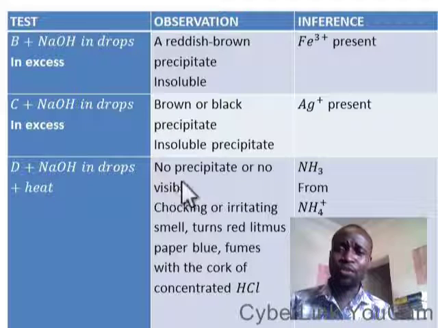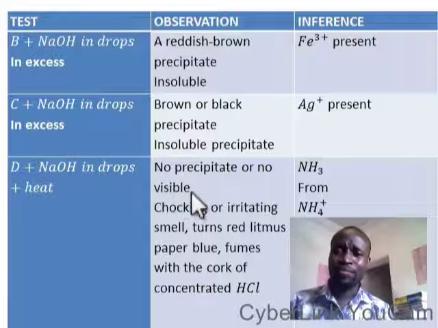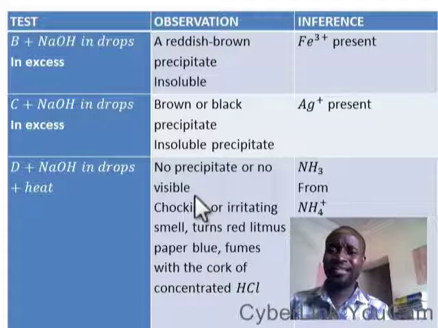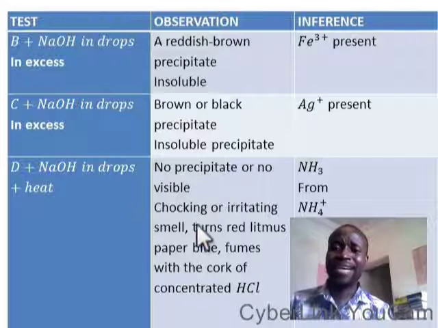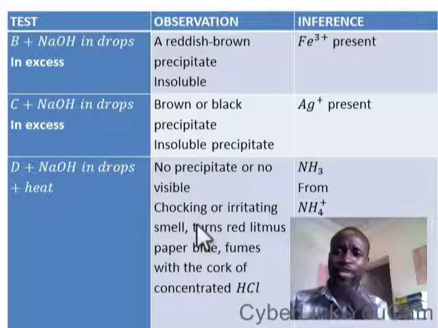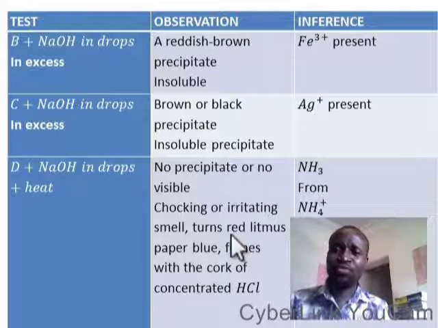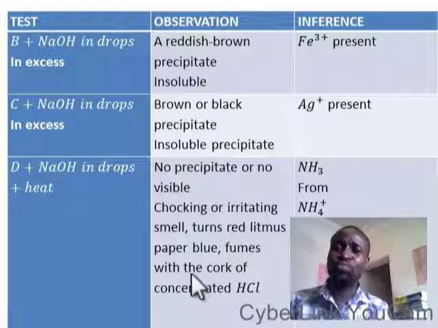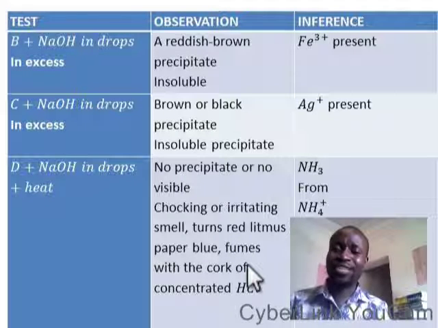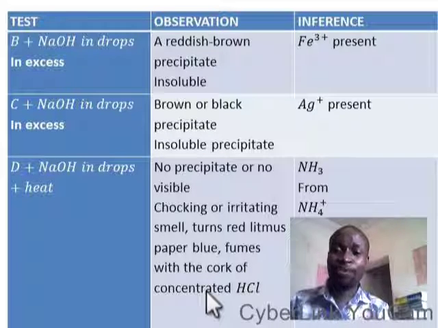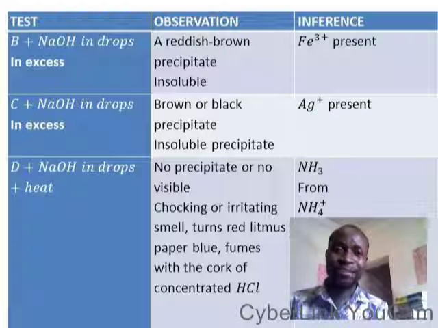A sample plus sodium hydroxide in drops, no visible reaction. But when you apply heat, you begin to perceive a choking or irritating smell. You test it with litmus paper, it turns red litmus blue. And you bring the cup of concentrated hydrochloric acid and it forms a dense white film. You should know you are talking about ammonia.